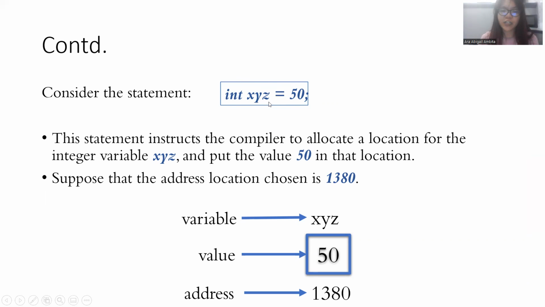After the declaration and after assigning 50, the compiler allocates the variable into a certain location or address. So we have here XYZ, suppose it is stored at address 1380. This is the index of the address where this variable XYZ is located, and XYZ has a value of 50.